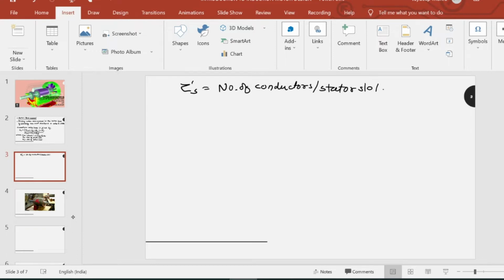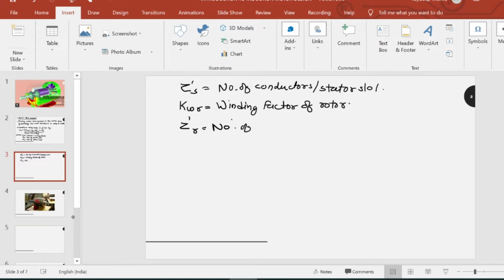KWR is the winding factor of the rotor. SR is the number of rotor slots. Z dash R is the number of conductors per rotor slot.